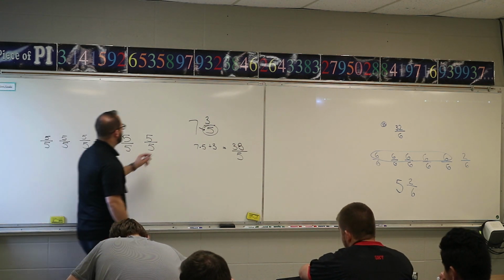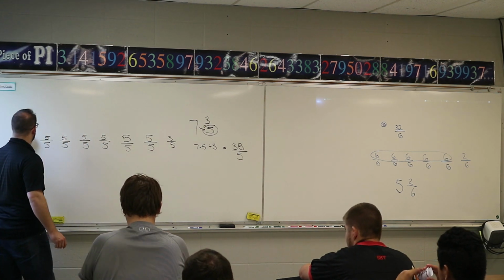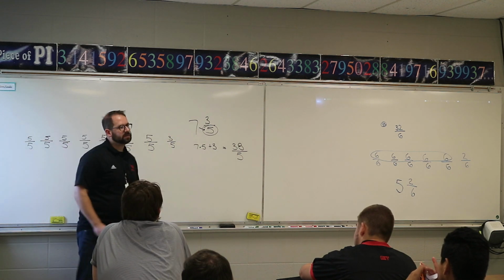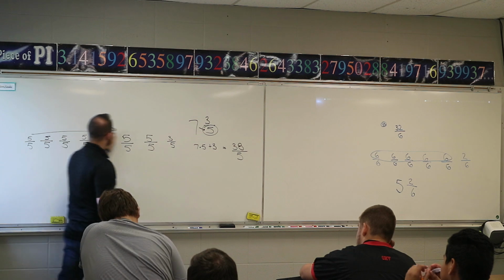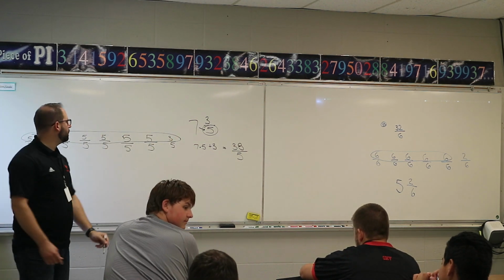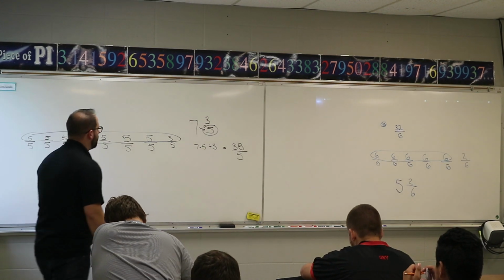And the extra pan left over was 3 out of 5. 1, 2, 3, 4, 5, 6, 7. All right. So you can do it this way, and then just count up total on the top. What you have here, well, that's 38, if you count the tops, 38 over 5. That's another way you can do it.